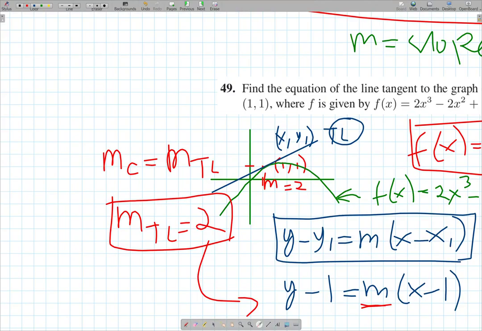Since nandito ang tangent line natin, sa point of intersection ng tangent line at saka ng curve, ang slope nila is just the same. So slope of curve is just the same as the slope of the tangent line at point of intersection between curve and the line. So the slope of the tangent line is also equals to 2.